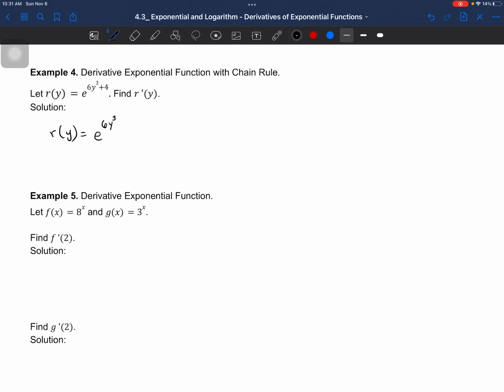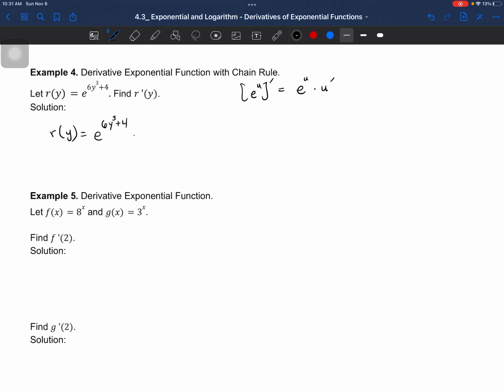So the important thing about this is that we're going to have to follow the chain rule, and the derivative of the outside, being the exponential, as we mentioned before, is itself. And then because of the chain rule, we leave the inside as it is. So let me give you guys an example here.